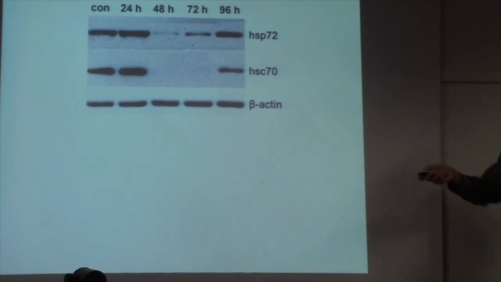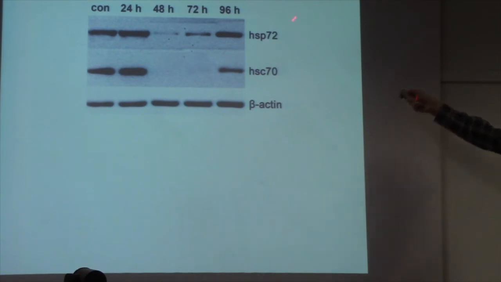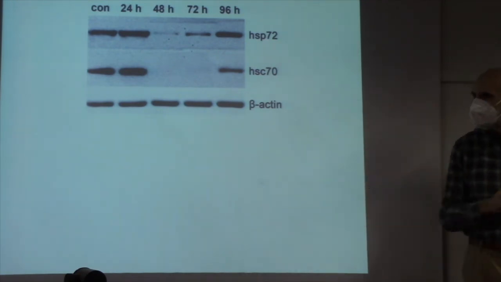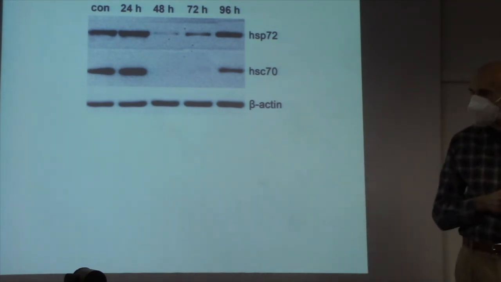Okay, so we will describe this. Supposing this is the same culture that we follow all the time, the culture of cells. You can say that at 24 hours we have an increase in the expression of HSP72, which then falls down at 48 hours and then increases again up until at least 96 hours after the treatment or whatever happens to these cells.